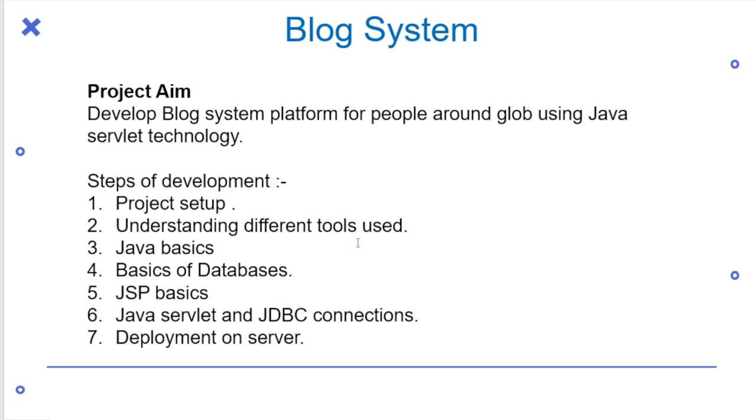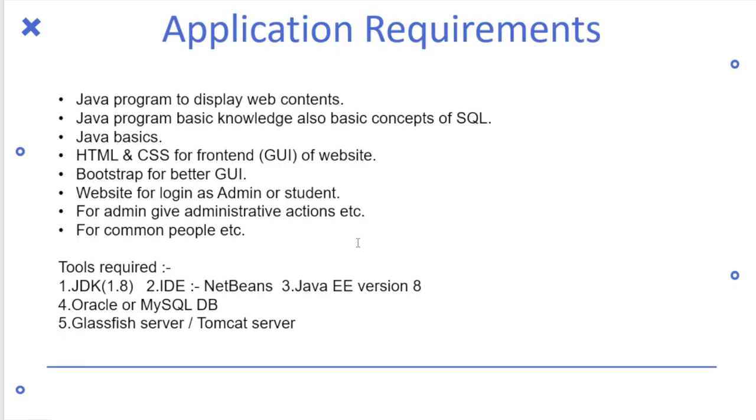So let us see what things I'm going to use here, what the requirements are, each and everything. Let me tell you the application requirements here. Not always are our requirements specified with our code or anything. We need to mention the application requirements also. So, a Java program to display web contents.